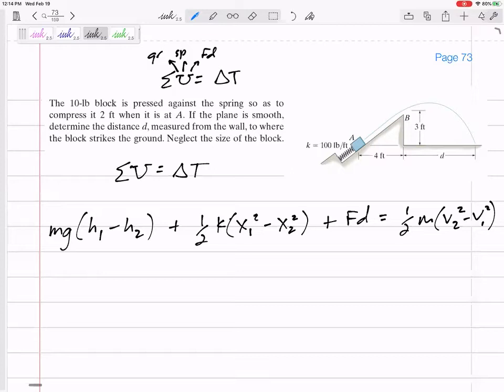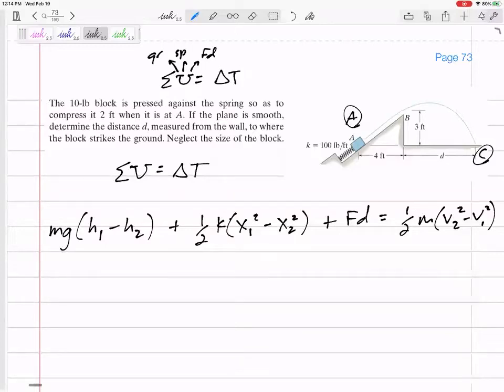All right. If I tried to go from A, we'll call this all the way to C, I could do this equation from A to C. But that wouldn't answer the question.